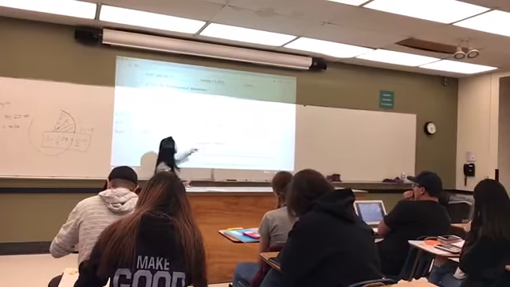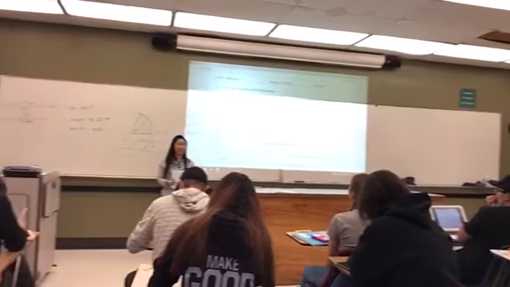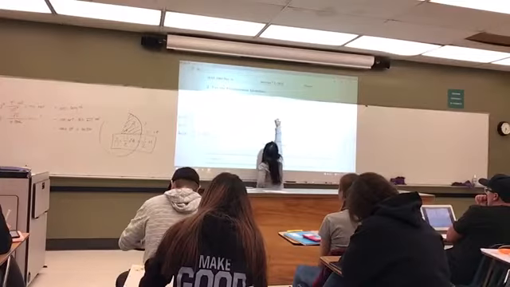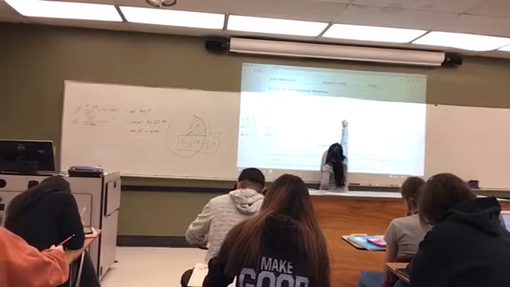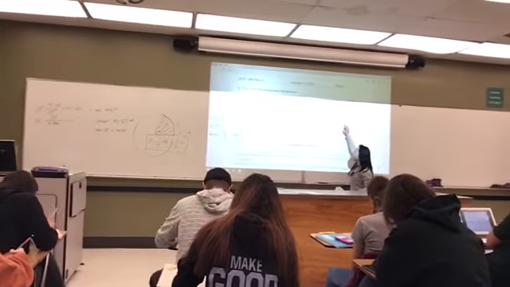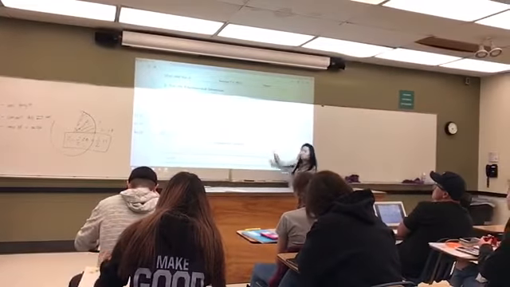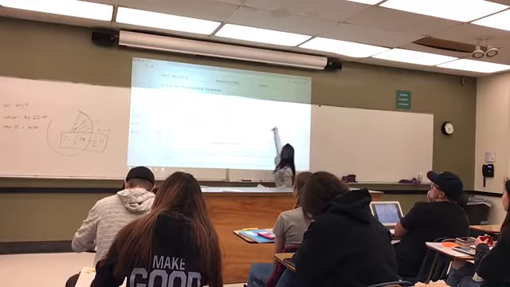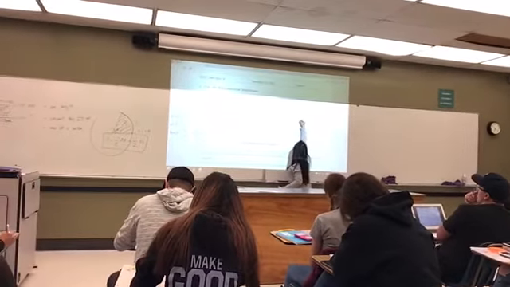What should be the reciprocal of secant? Cosine theta, thank you. So we have cosine theta. Nice. And for the last one, what should be the reciprocal of cotangent? Tangent, nice. So it should be 1 over tangent.